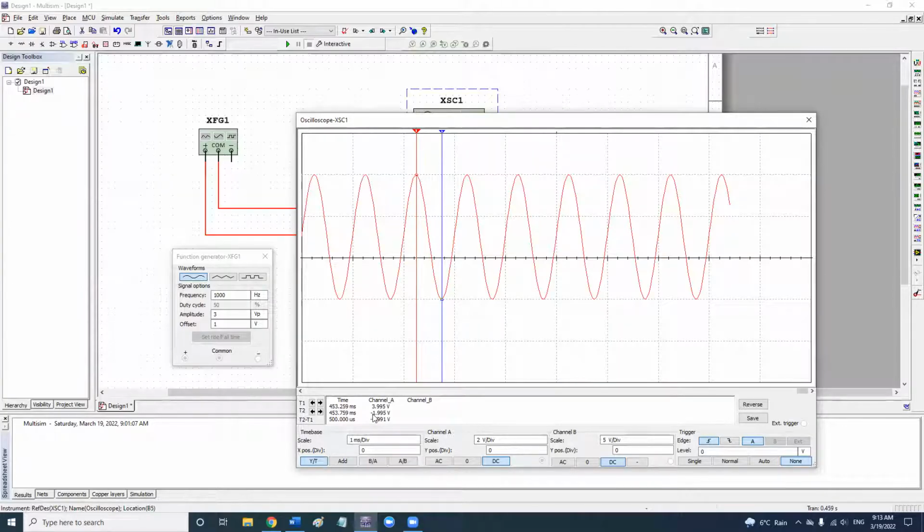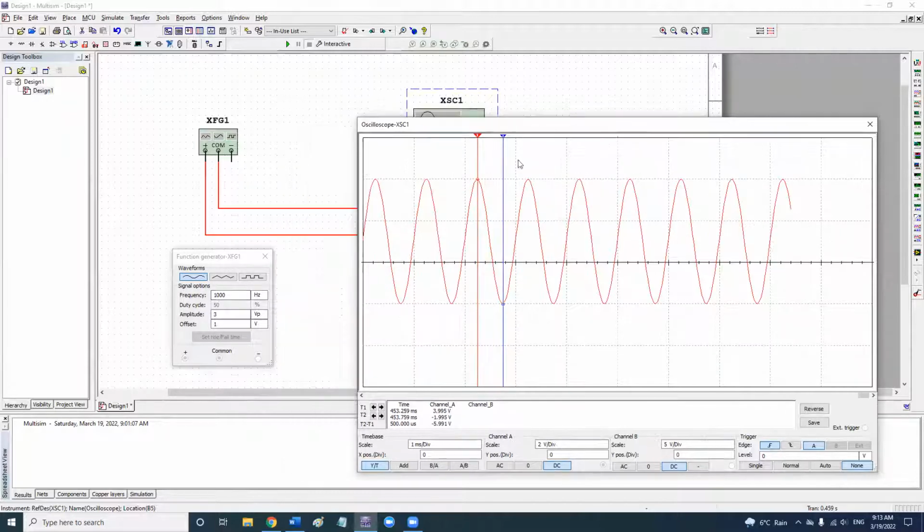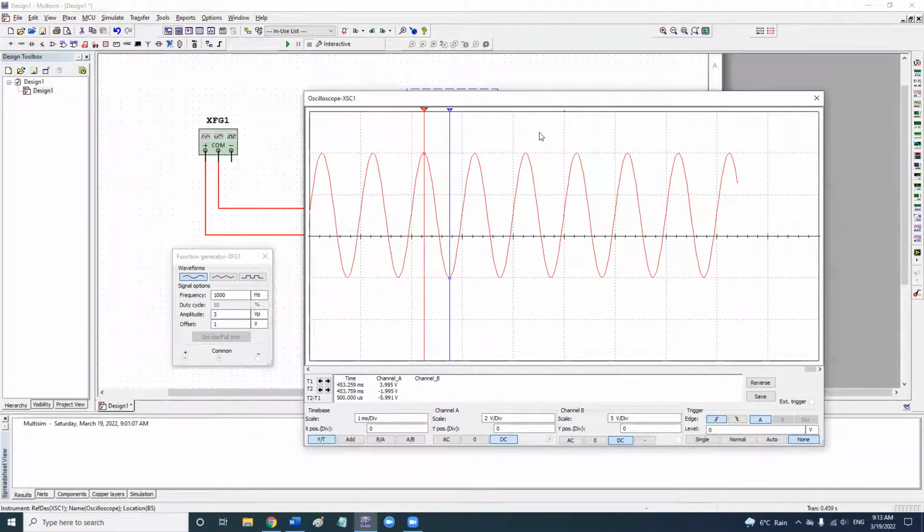The minimum voltage is minus 1.995. It's a little bit different than what you expect, right? You would expect 4 and minus 2, but in Multisim, when they do the simulation, it's a tiny bit off. They add a load factor in there, so you don't have to worry.